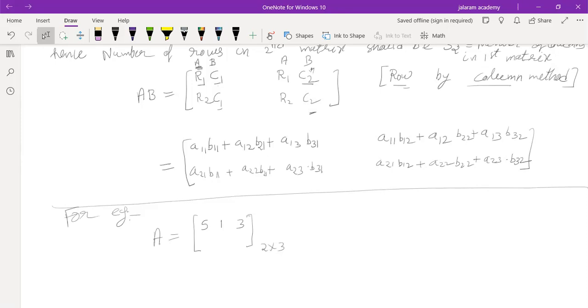It has 3 columns and 2 rows. Second row also has 3 elements: -3, 2, 5. So it is a matrix of order 2 cross 3.